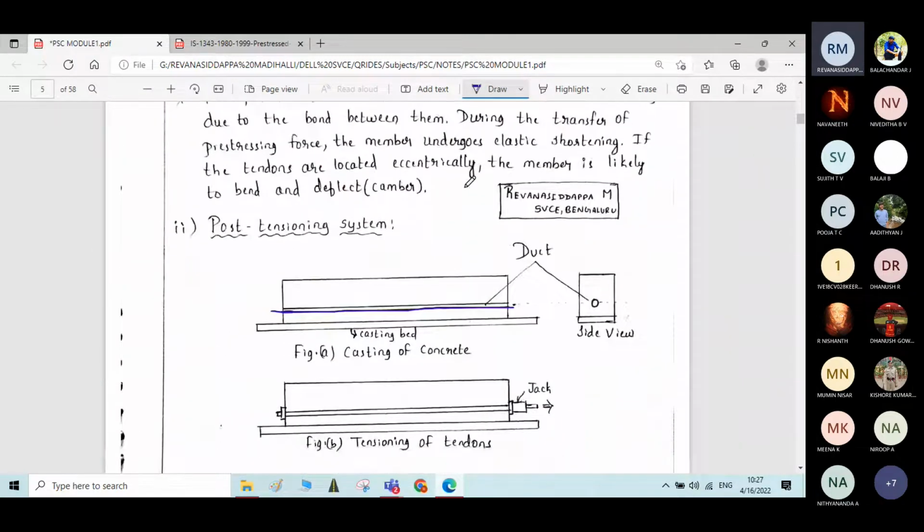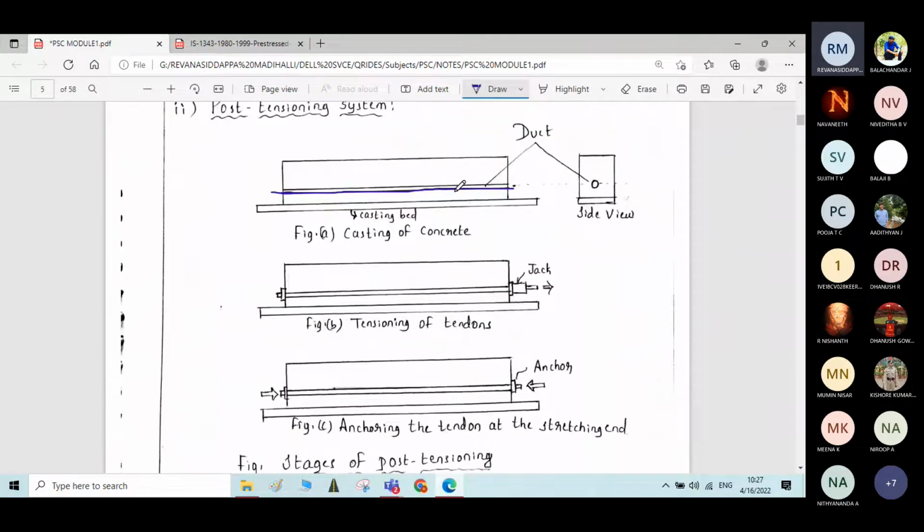In case of unbonded pre-stressed concrete, there is no bond between the cable or the tendon and the concrete. There is a gap, meaning there is a duct inside, a circular hollow opening throughout the length of the beam. Through that opening, the tendons are placed and stresses are induced through those tendons.